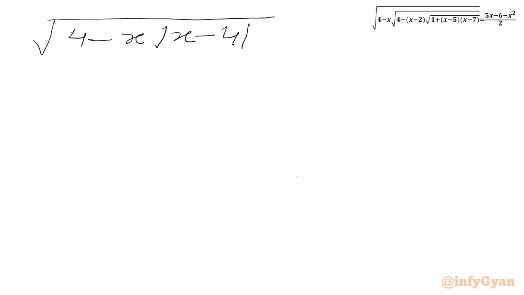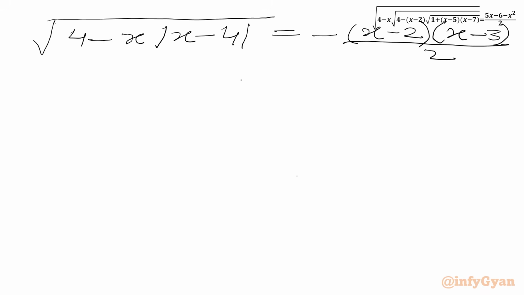Let us write the equation here. Square root of 4 minus x, mod of x minus 4, equal to RHS, minus x minus 2 times x minus 3 over 2.